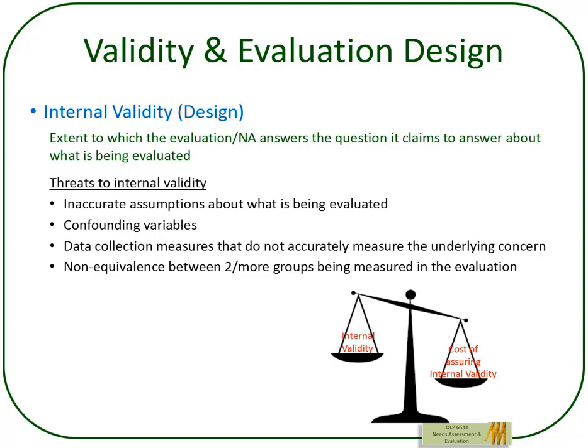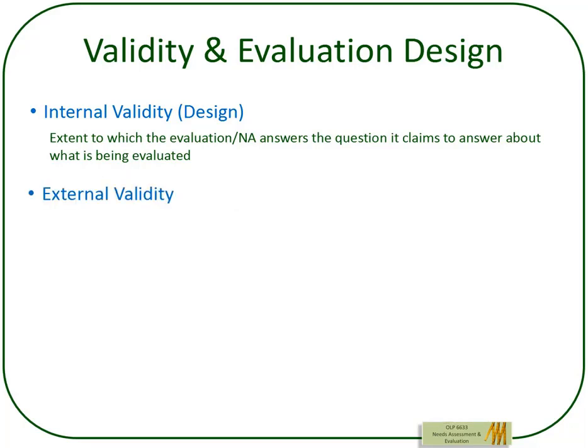So that's internal validity. But the authors also talked about several other kinds of validity that I want to briefly cover. One is external validity. And external validity is the extent to which the results can be generalized to other situations. So this is something we see a lot in research. In research, we care deeply about validity, particularly the validity of the instruments we use to gather data, because in research, we are typically saying, here's something that's true for this small group, and we're going to say that it's probably true for a large group that we didn't gather data from.